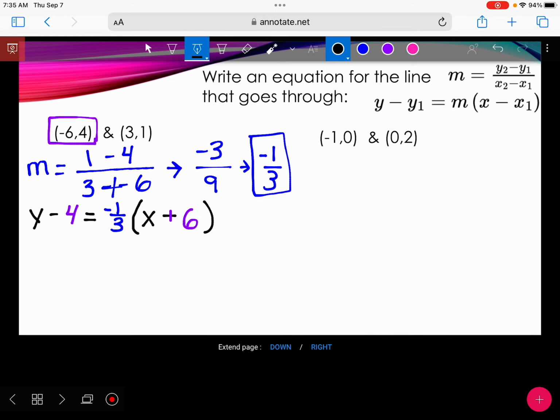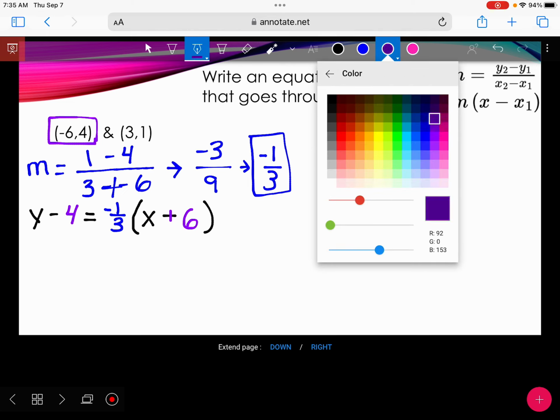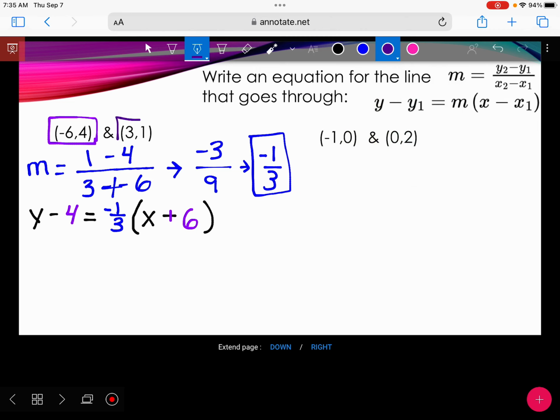Because we could also write this with that other point. It's totally fine and very nearly identical. I'm going to go darker purple in this one. So I'll do this one with this nearly black purple. So we're going to have y minus the y value from our point, minus 3, equals that same slope.